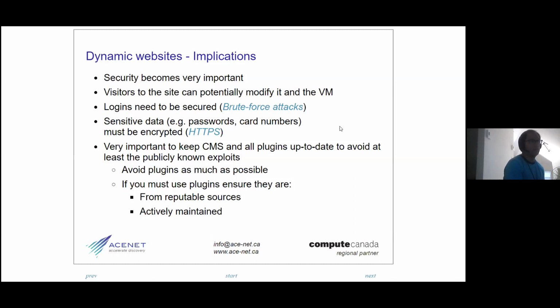Logins to these sites need to be secured. One type of attack that's fairly common on popular websites, like for example WordPress, is a brute force attack. At face value it's a pretty simple attack, but it can get more complicated. People program computers to do this, they don't do it themselves, and the computers just try different usernames and passwords over and over again.